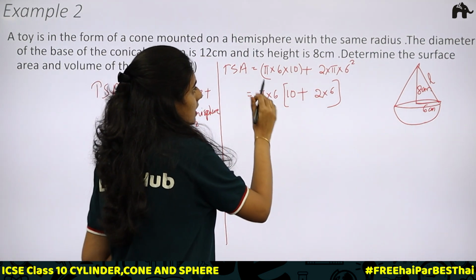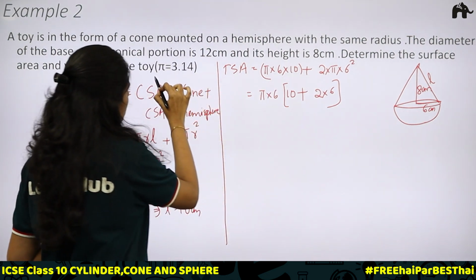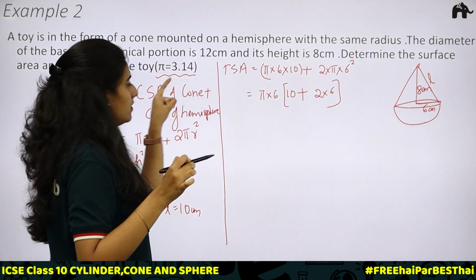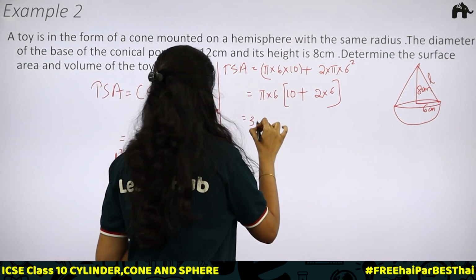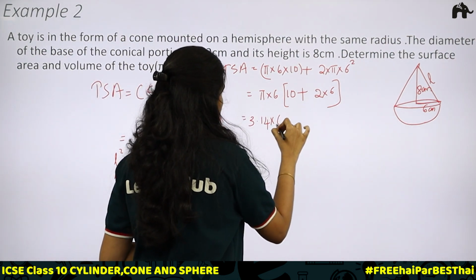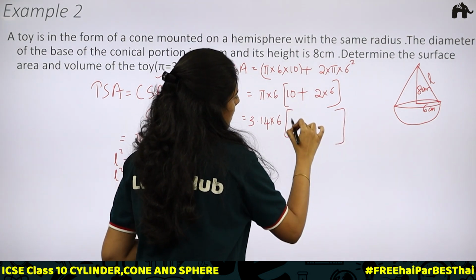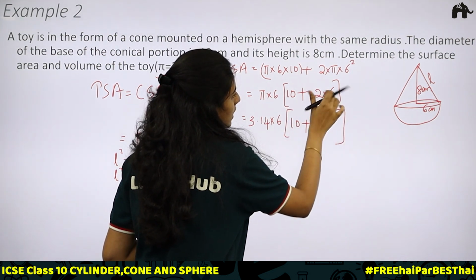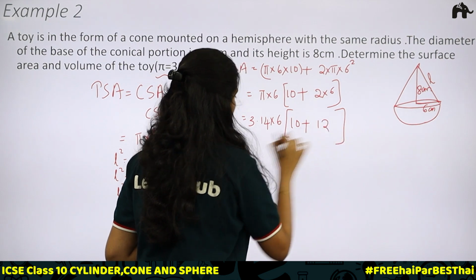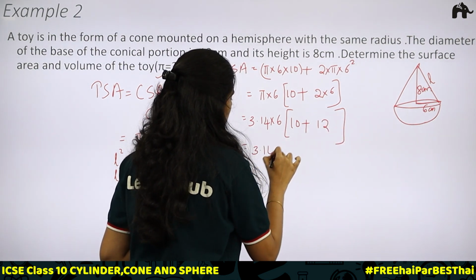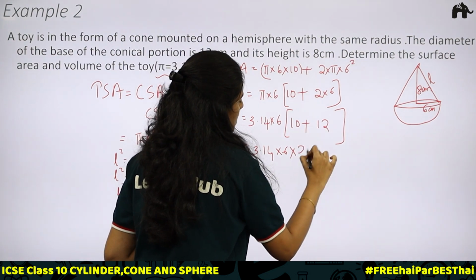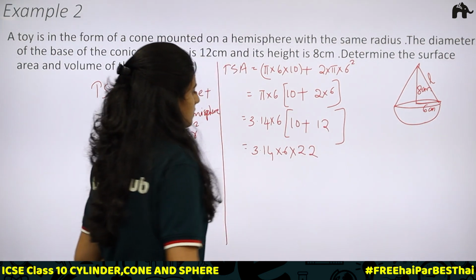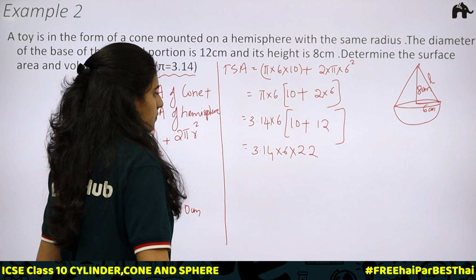Now here it is given that we have to take pi value 3.14. If it is given in the question, you have to use this value. So 3.14 into 6, into 10 plus 2 into 6, which is 12, so 22.